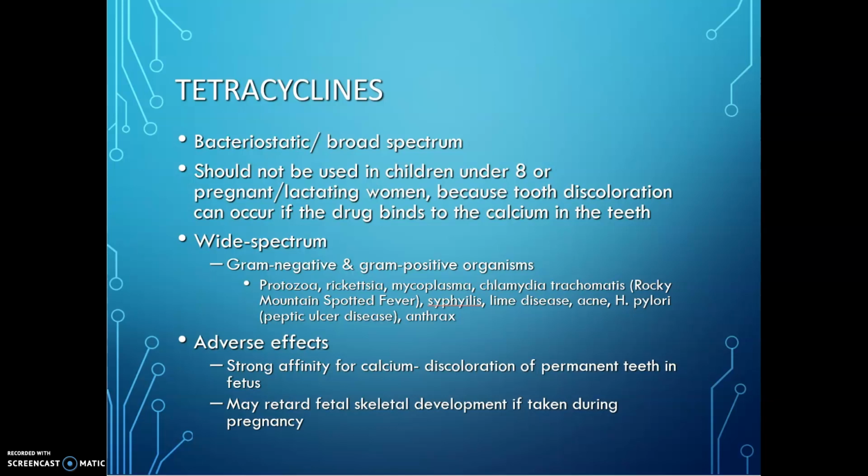Now to my tetracyclines. These are bacteriostatic. These are broad spectrum. The big thing is that they actually alter the binding with calcium, right? Strong affinity for calcium, so they cause a discoloration to the teeth. So little babes shouldn't take it because their bones and teeth will turn yellow. Pregnant women shouldn't take it because the babe developing will have a delayed skeletal development, and so they will be osteoporotic, basically.